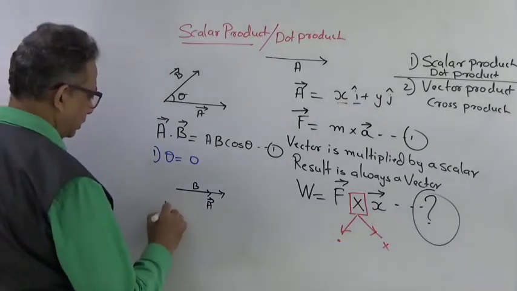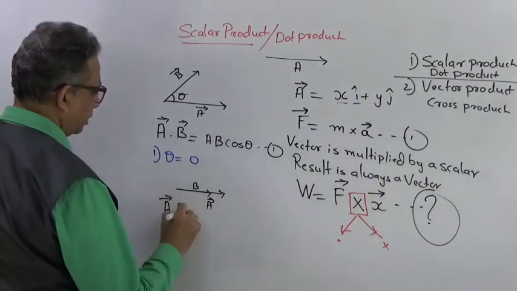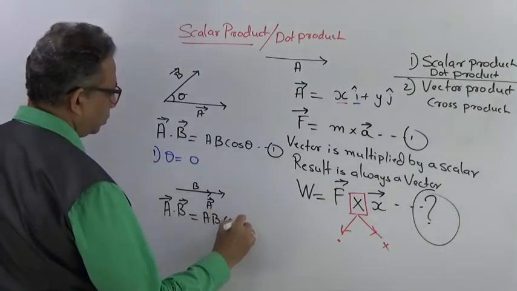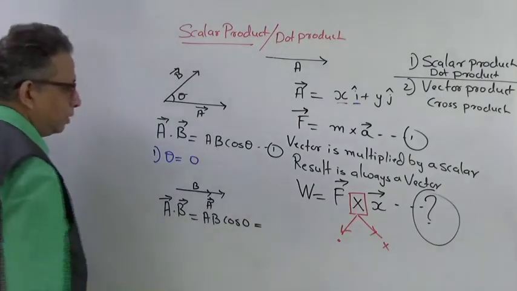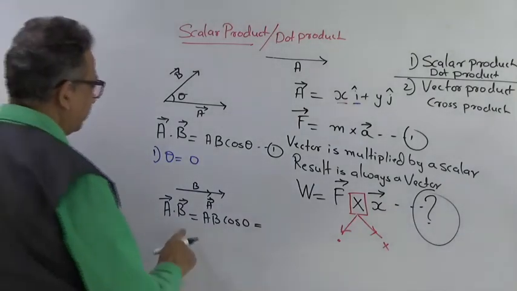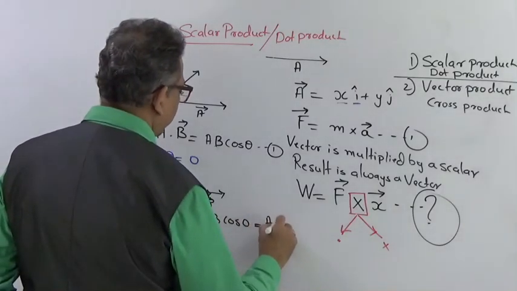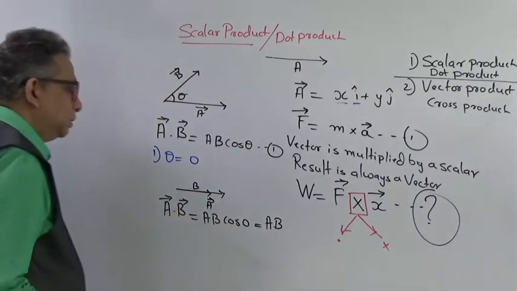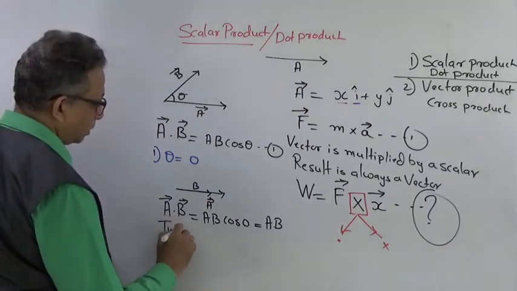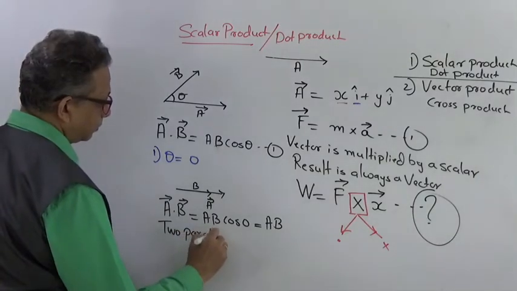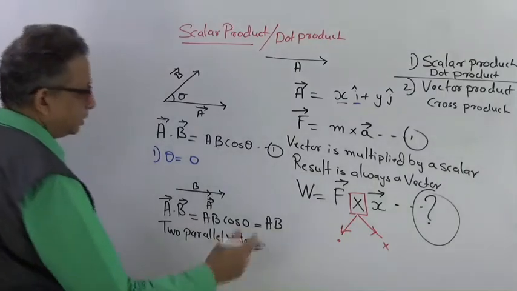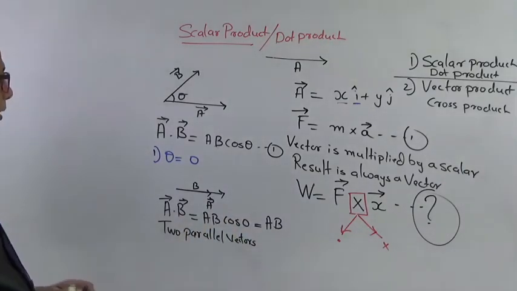So how will I write this down? Vector A dot vector B will be equal to AB into cos of 0. What is cos of 0? Cos of 0 is 1. So we have it equal to AB. This also means two parallel vectors in the same direction, when they are multiplied, what do you get?